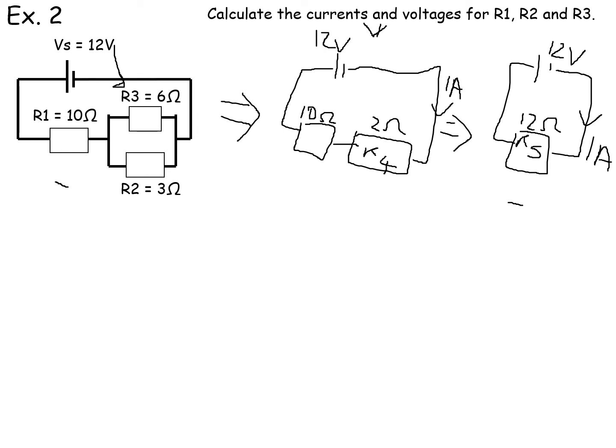So how do I work out the voltage across R4? Well, we're using the same old equation, Ohm's law, V equal to IR. Okay, I'll write it out just now because you've not seen this bit before. So it would be 1 times 4, which is 4 volts.